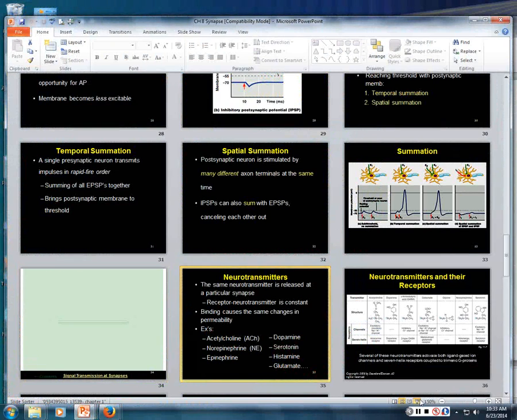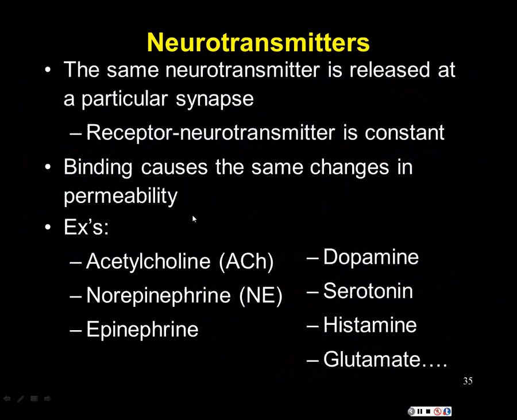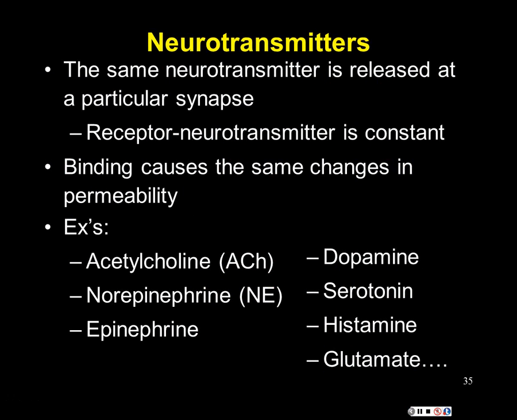So up till now we've been using the word neurotransmitter. We're going to throw in some specific terms. We could talk about messenger, ligand, and now we're going to say a specific neurotransmitter, a specific receptor. At a particular synapse, the receptor and the neurotransmitter is consistent.